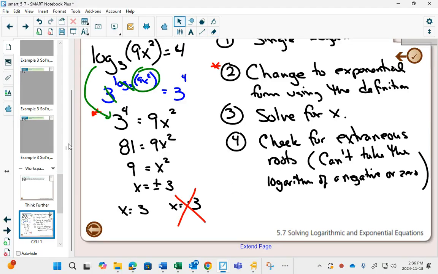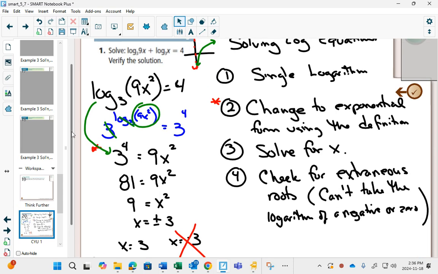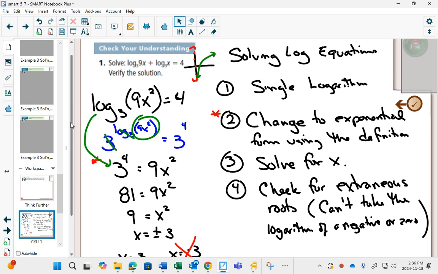Okay. So this is the basic idea for solving log equations. We want to get that single logarithm so we can use the step that you're going to forget. Once you have a single logarithm, that's when you're allowed to change it to exponential form.